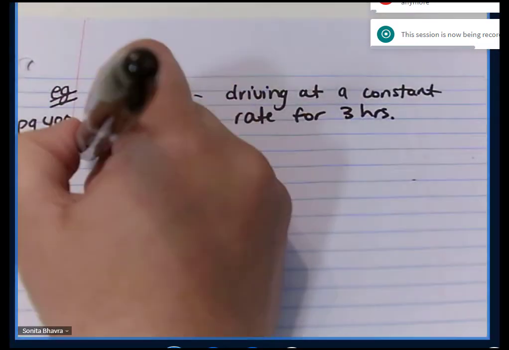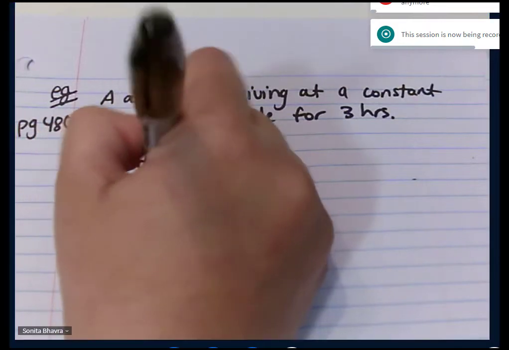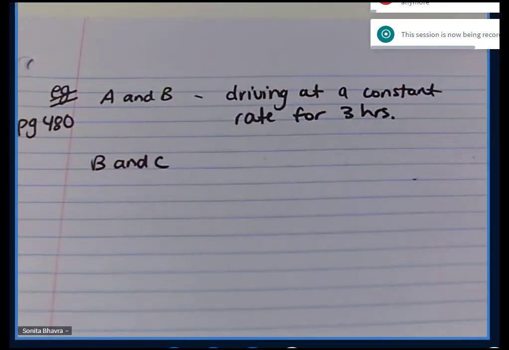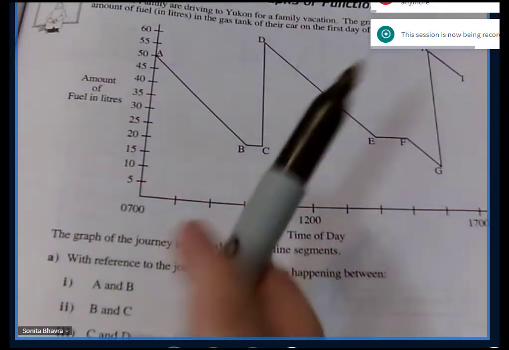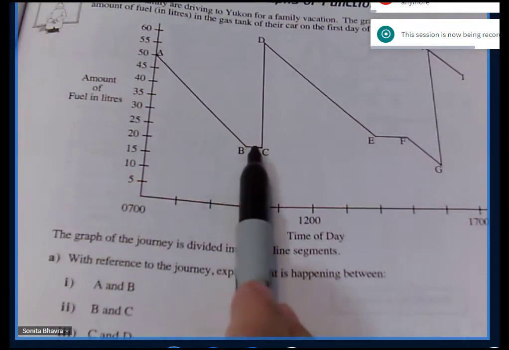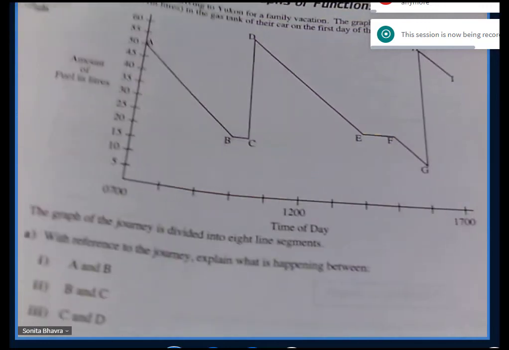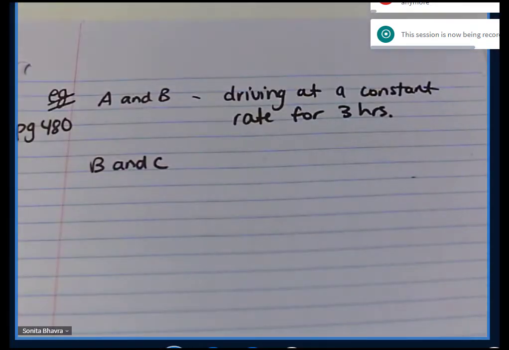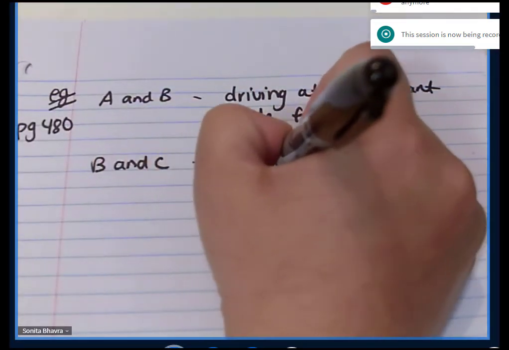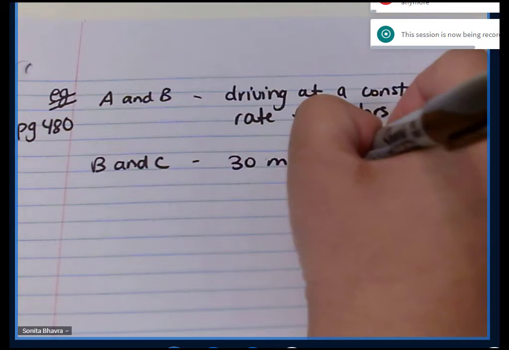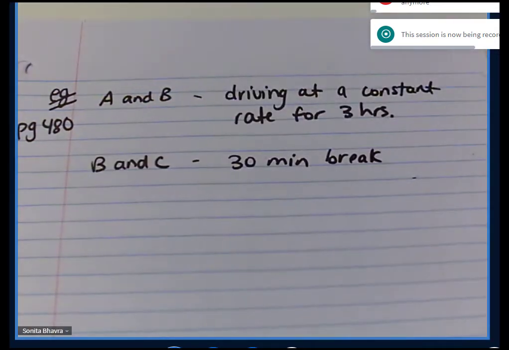All right, for B and C, that's when there's no change happening in the fuel. It's just kind of staying steady there. So most likely there's a break from driving, and it was 30 minutes when we look at the time. So we would say there was a 30-minute break. There's no driving happening because there's no fuel being used.